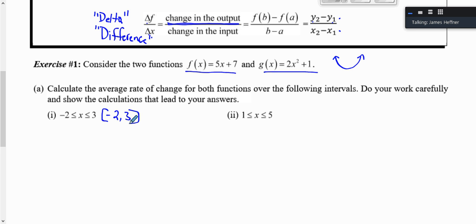Well, the first one's pretty easy, right? For f of x, y equals 5x plus 7. This is linear. Its rate of change, its slope, is always the same, is it not? Okay? So since it's linear, slope is always the same.